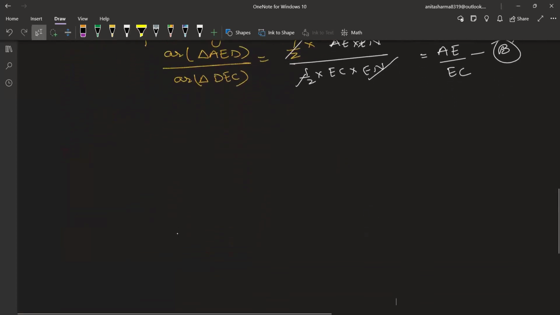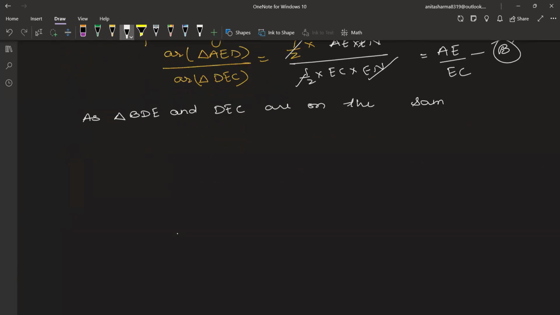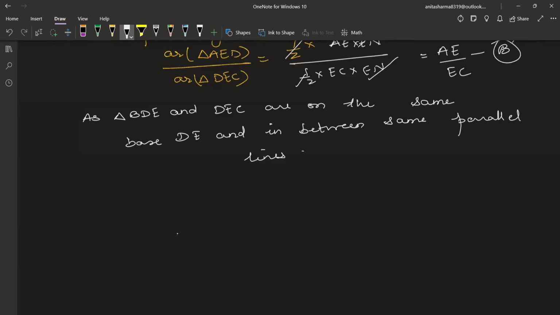So what you will write here? Triangles BDE and DEC are on the same base DE and in between the same parallel lines, therefore their areas should be equal.